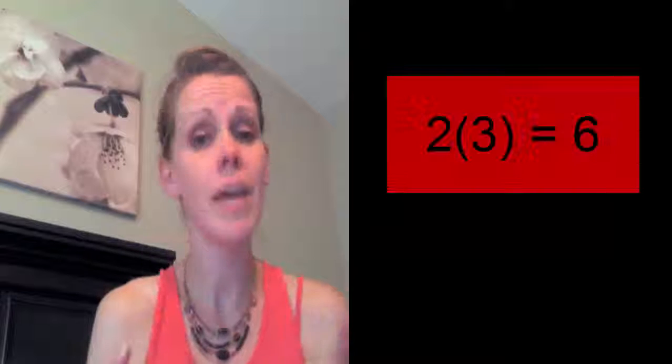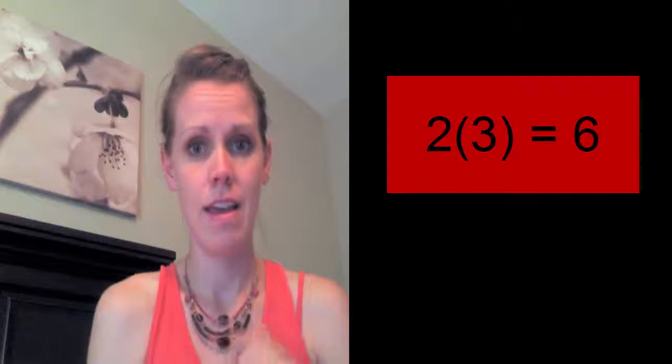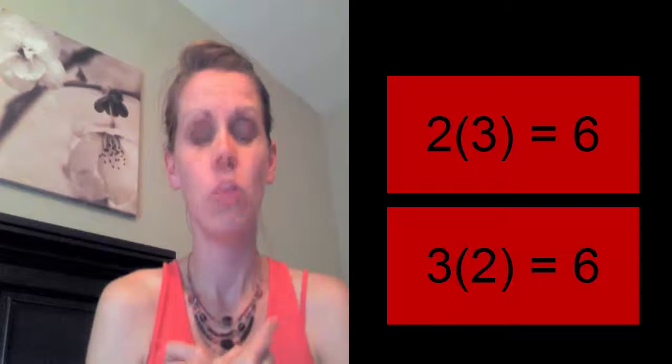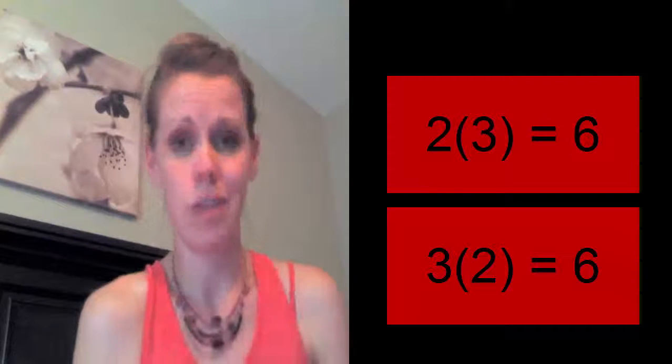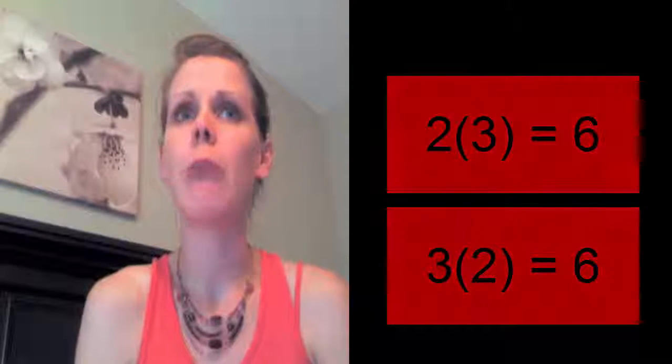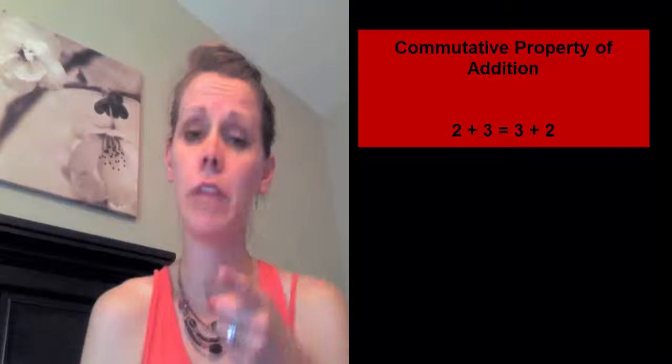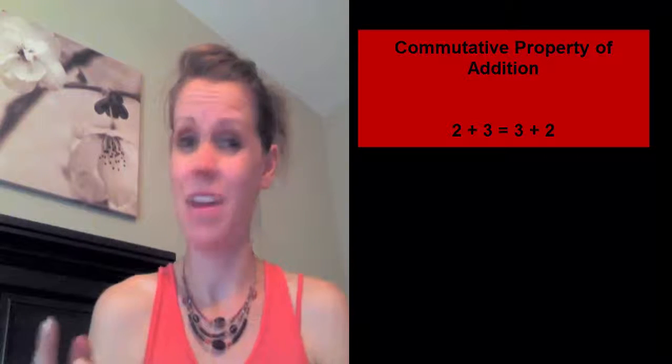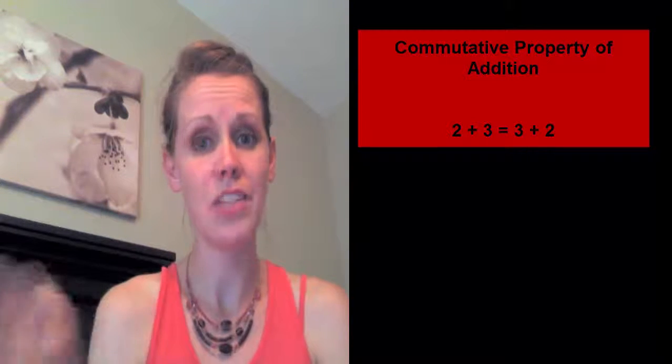The same thing works for multiplication. 2 times 3 equals 6, and if I switch them around, 3 times 2 also equals 6. So if I wanted to rewrite them to show how this works for the commutative property, let's start with addition. I could write 2 plus 3 is the same thing as 3 plus 2.